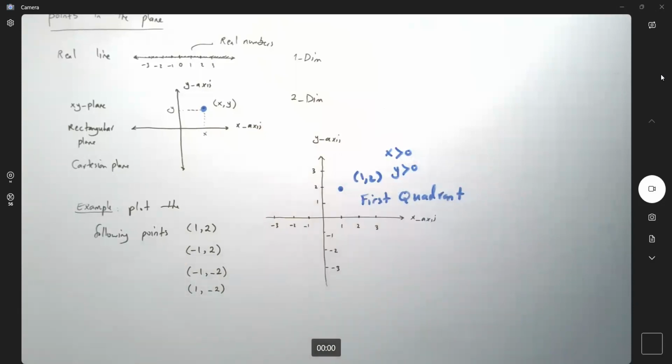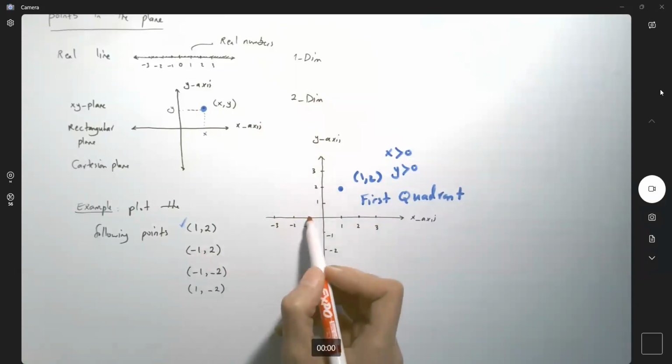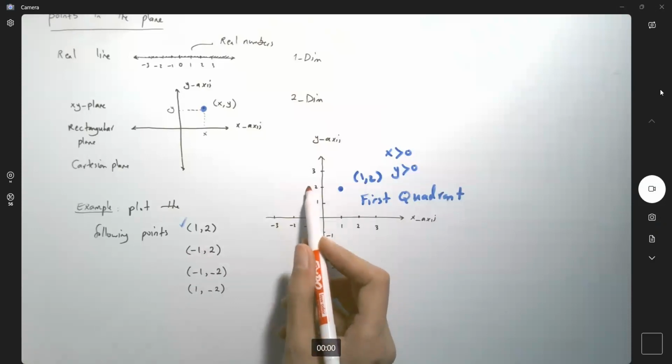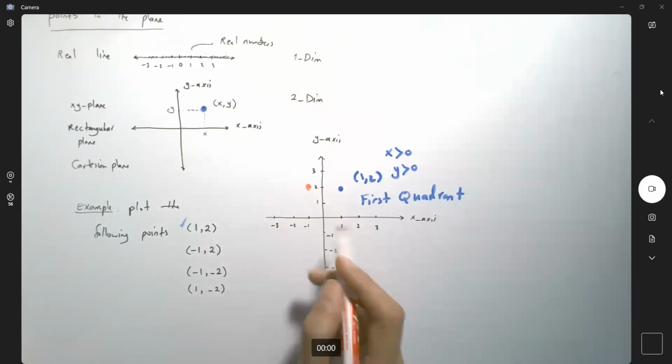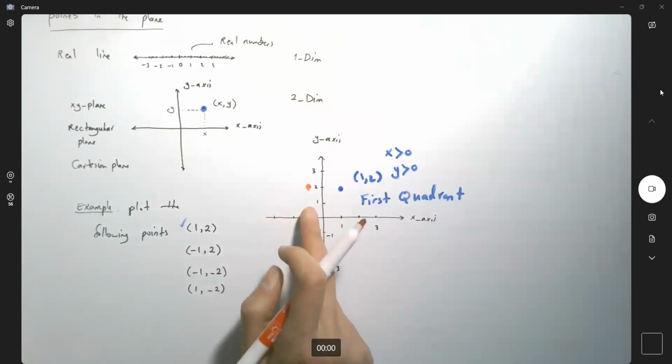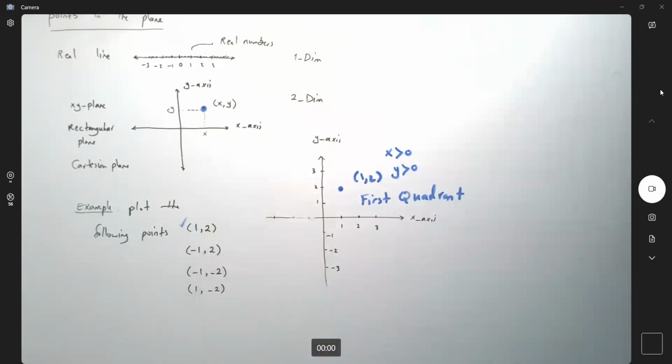Let's graph the second point. We're done with the first point. Our second point is (-1, 2). My X is -1 and my Y is 2 units up. Let me shift this a little bit over here so you have symmetry.